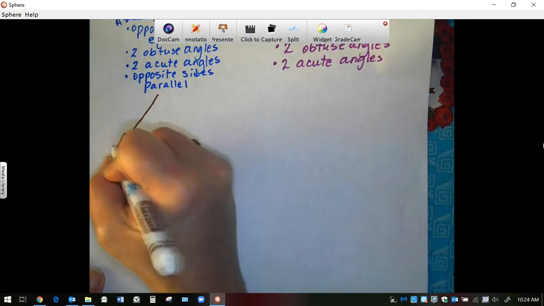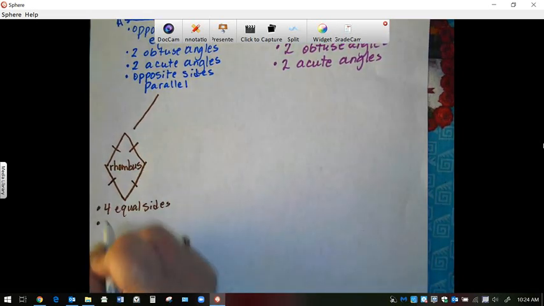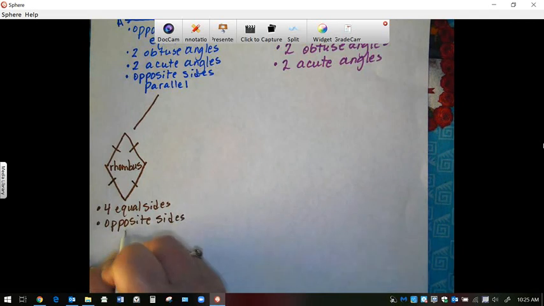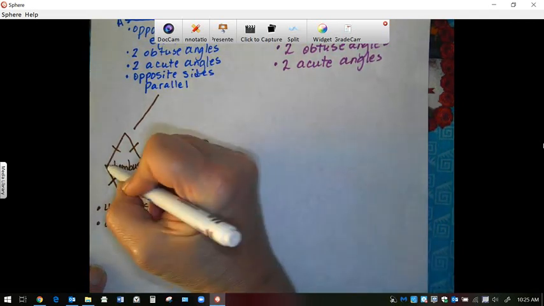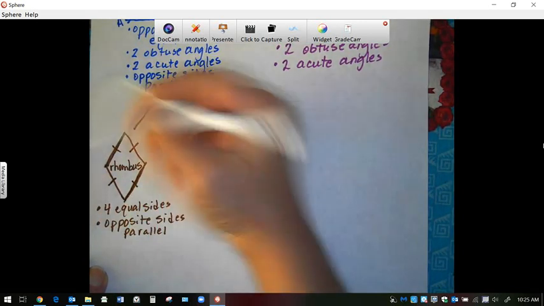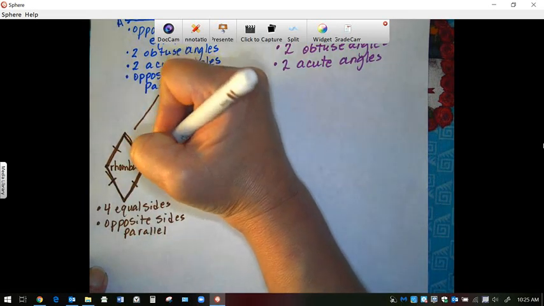All sides are equal. And the opposite sides are parallel. That means that this side is parallel to this side, and this one is parallel to that one.